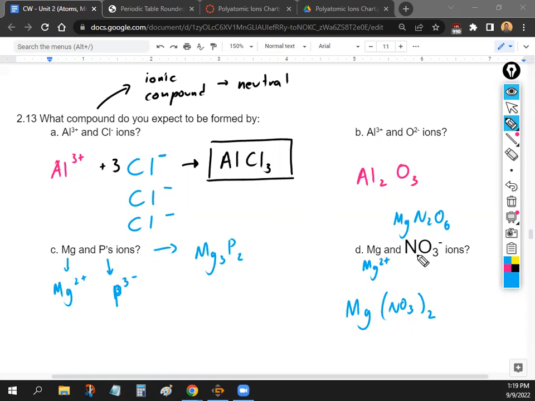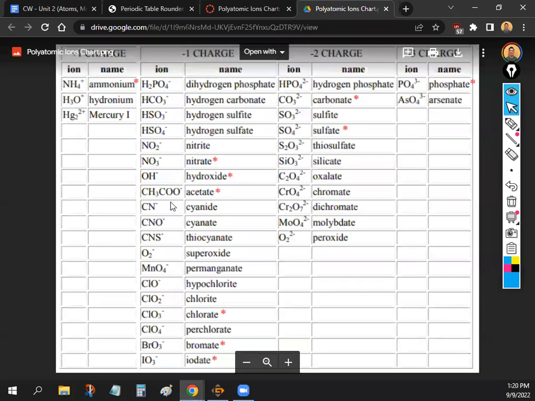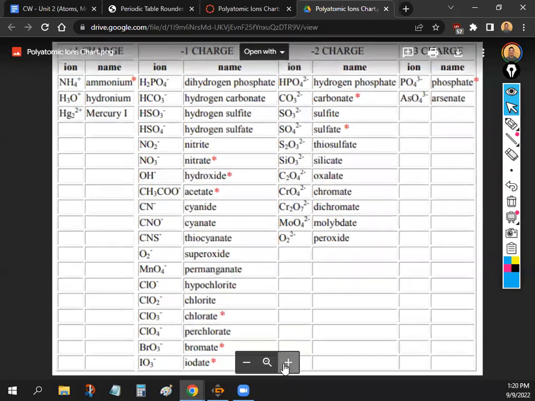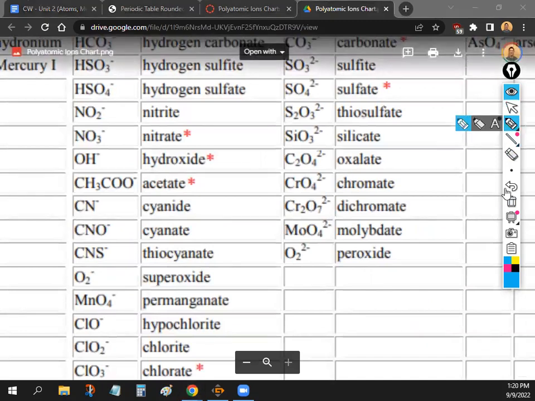The reason I'm telling you that is because let's take a look back at the polyatomic chart. Take a look at acetate. If you notice, acetate is a little bit different from your other molecular formulas because some of the elements are separated. There's 2 C's, there's 3 H's, and there's 2 O's, but they separate it like this.